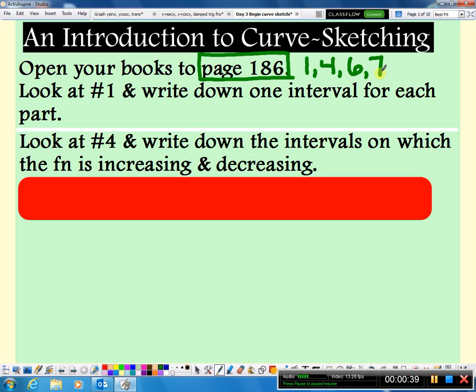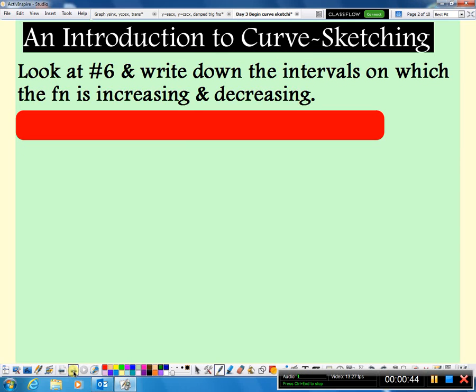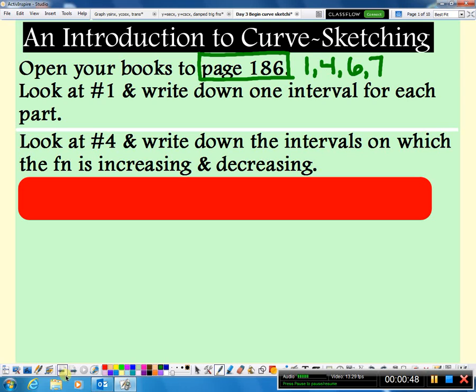Answer on numbers 4, 6, and 7 where the function is increasing and decreasing. You will do this most easily if you use interval notation. Please pause the video now, take 2 minutes, and then restart the video to check your answers.